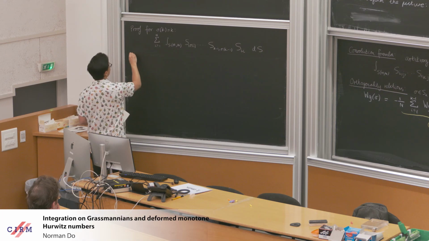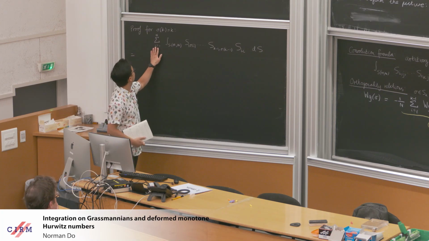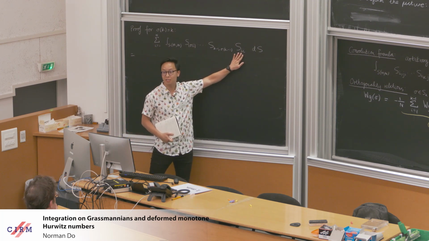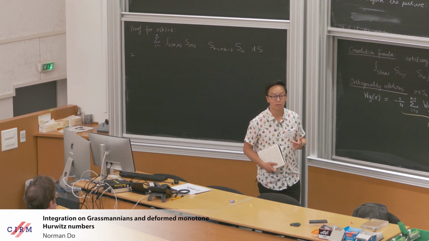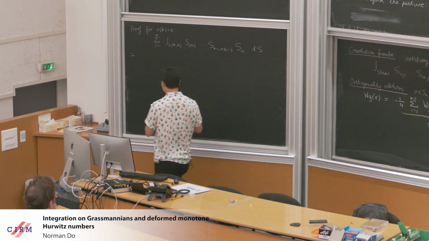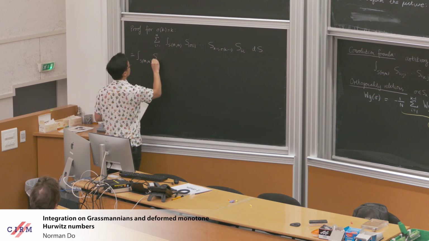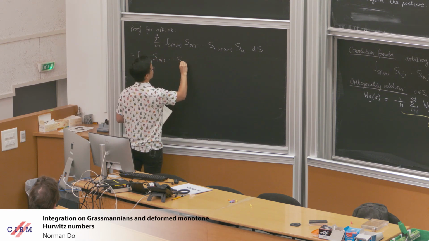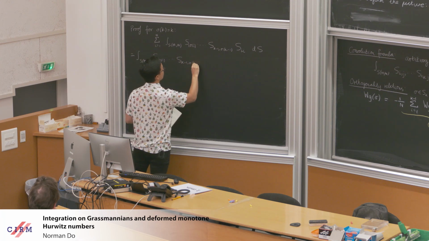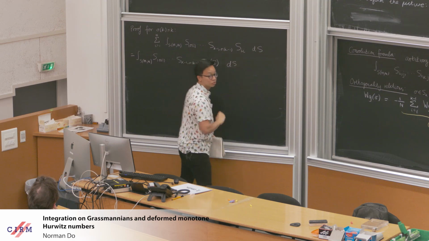I'm going to try and calculate this in two ways for you. So the first is to say, well, what are we doing? I'll pull this sum in here, and the sum over Sii is just the diagonal entries in my matrix. It's just the trace of the matrix. So this is S1 sigma 1 up to Sk minus 1 sigma k minus 1, and then the trace of the matrix S. What is the trace of the matrix S?